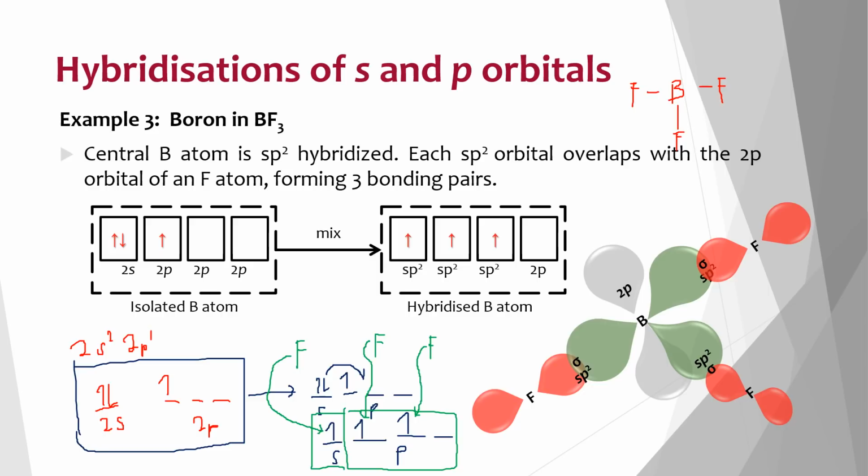So right now, boron can form 3 bonds with fluorine, and for the hybridized state, as you can see here, you use all of the s orbital and you only use 2 of the p orbitals. So that means the type of hybridization is sp2 because you only use 2 of the available p orbitals.